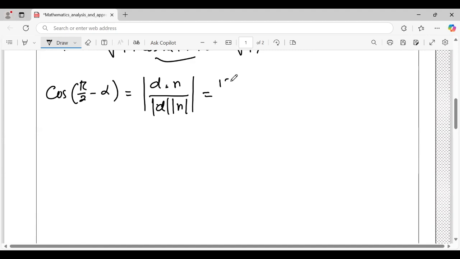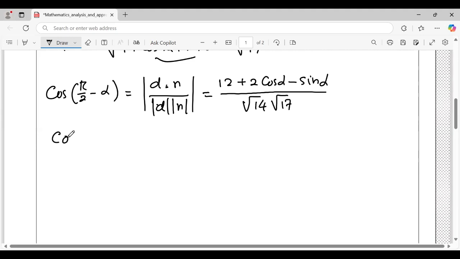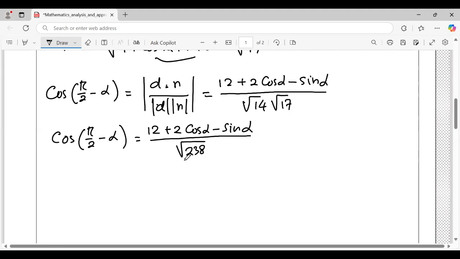D dot n is 12 plus 2 cosine alpha minus sine alpha, divided by square root 14 times square root 17. So we can write cosine of pi half minus alpha equals 12 plus 2 cosine alpha minus sine alpha over, if you calculate this, square root 238.